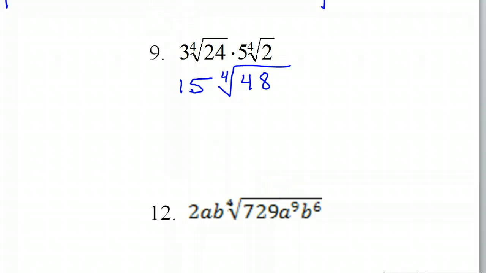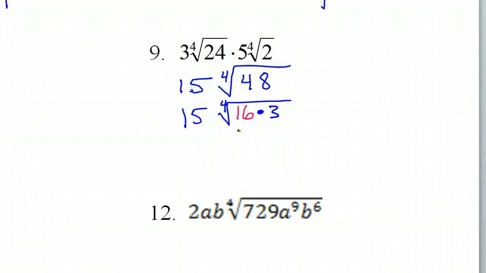So that means that what I have is 15 times the 4th root. Ooh, that's not a very good 4. Let me try that again. I say the 4th root of, and then there's my 16 times 3.